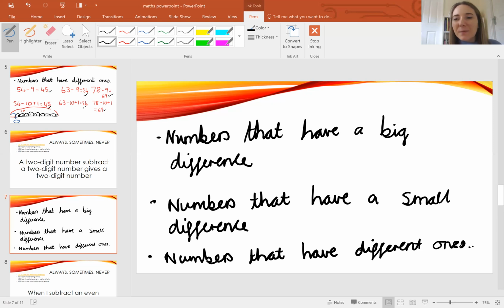Have you done that? Well done. Okay, so we should have found out that sometimes a 2-digit number, take away a 2-digit number, gives a 2-digit number. Not always, because sometimes it will give us a 1-digit number. Did you find out when that happens? Have a go at trying to explain that.